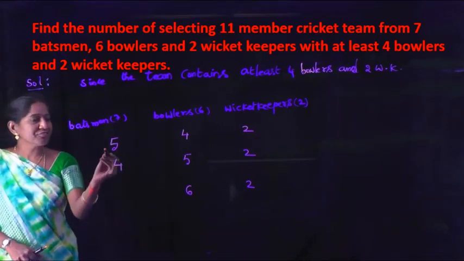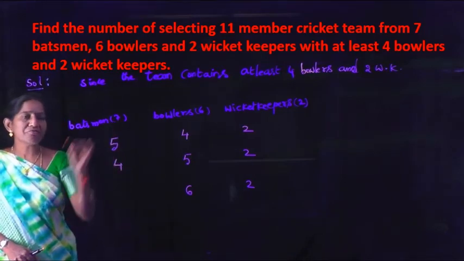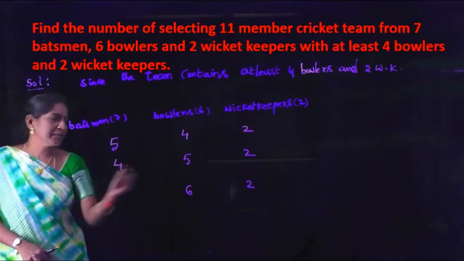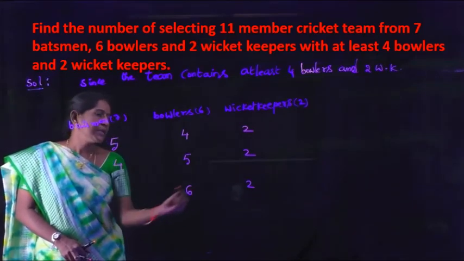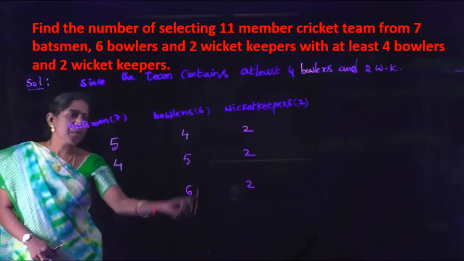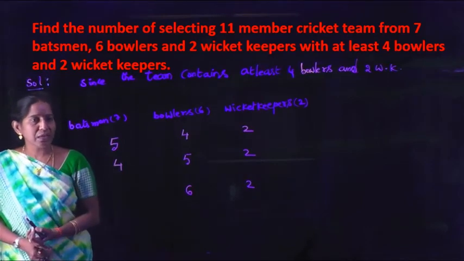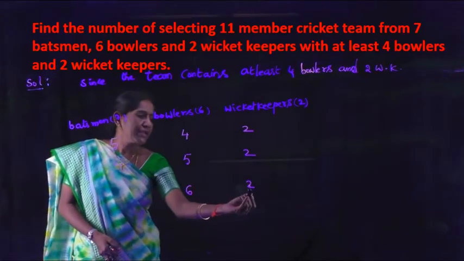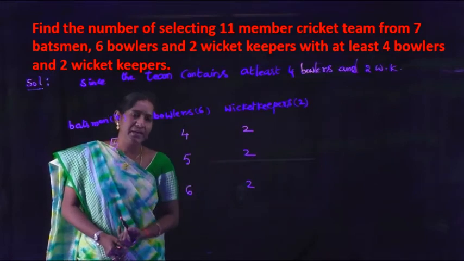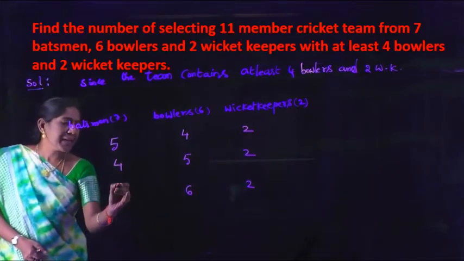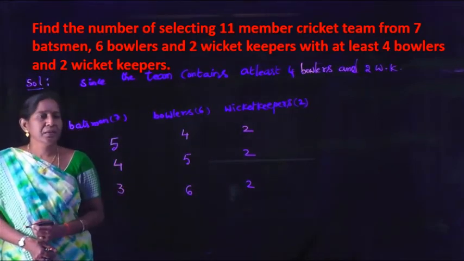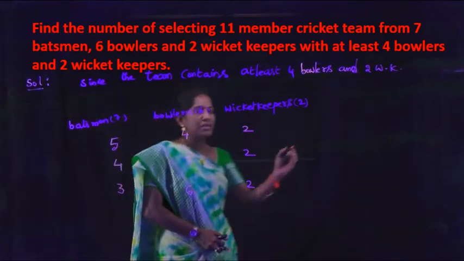So select 4 batsmen out of 7 batsmen. And in this case, select 6 bowlers out of 6 bowlers and 2 wicket keepers out of 2 wicket keepers. Then 3 batsmen will come. Then number of ways.